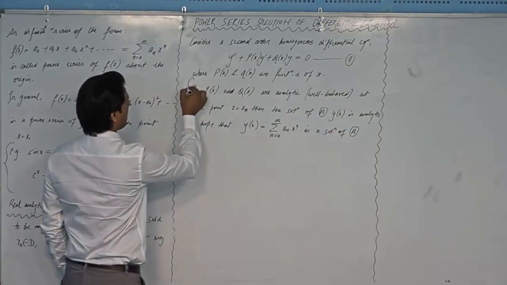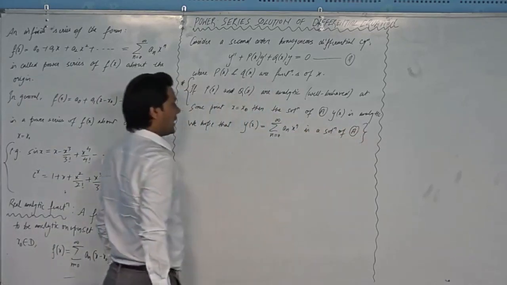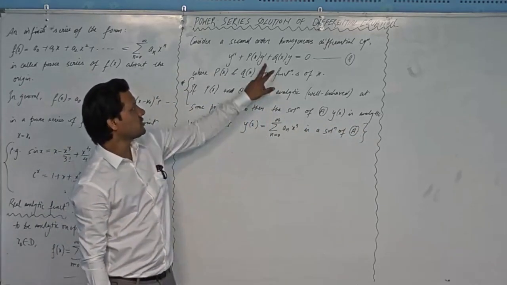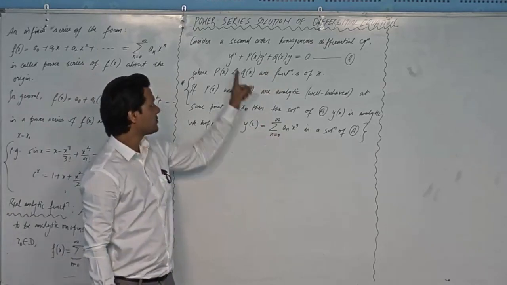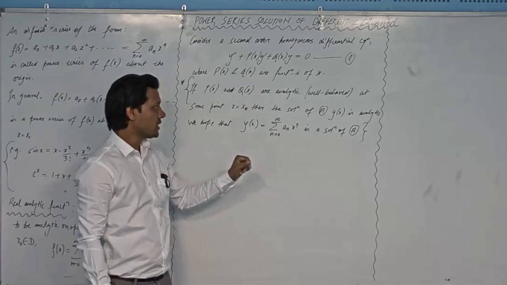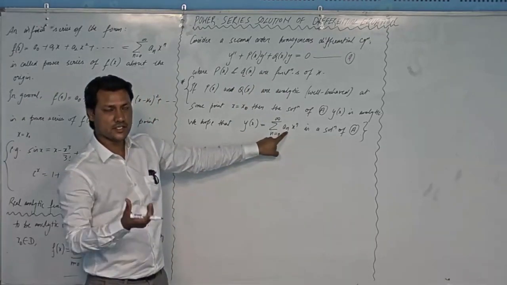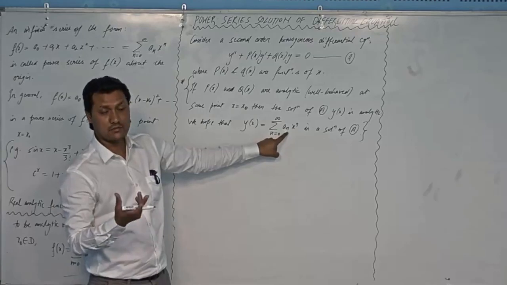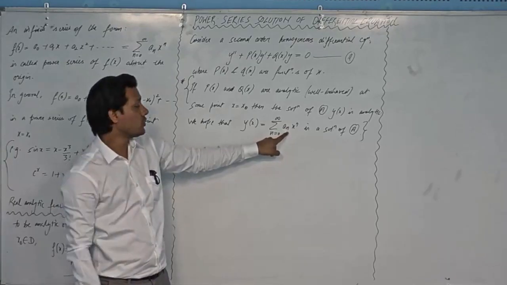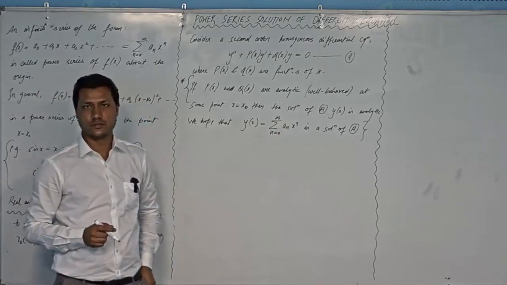So this is an important point. And since we hope that this is a solution of equation number A, we will plug this y(x) here, here, and here, and then we will equate both sides to get the value of this coefficient a_n, right? And after getting the value of this coefficient a_n, which will be a naught, a1, a2, a3, and so on, we will plug those values here in this solution. That will be a final solution, right?